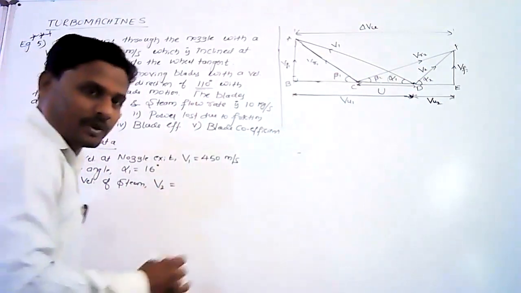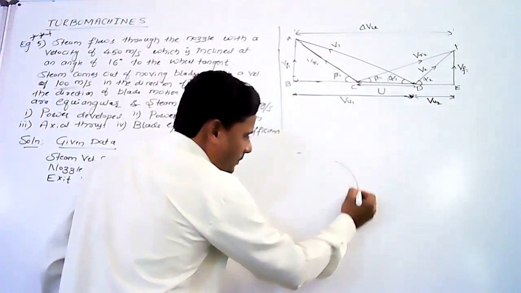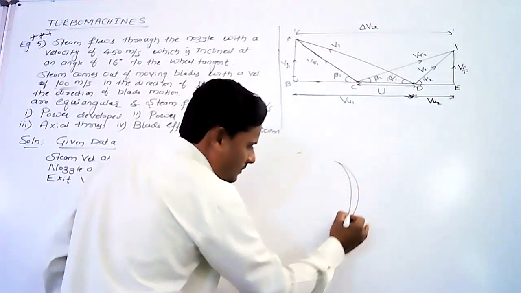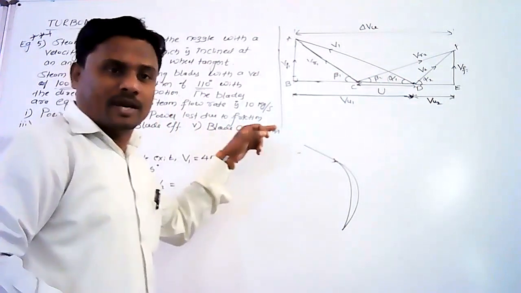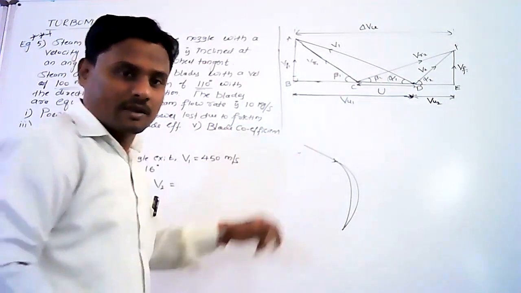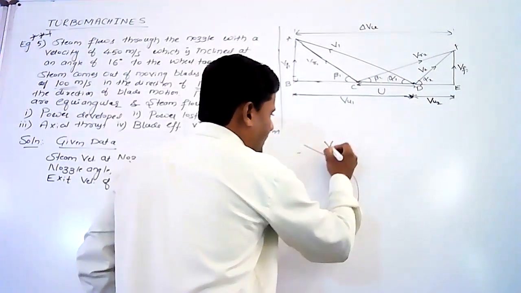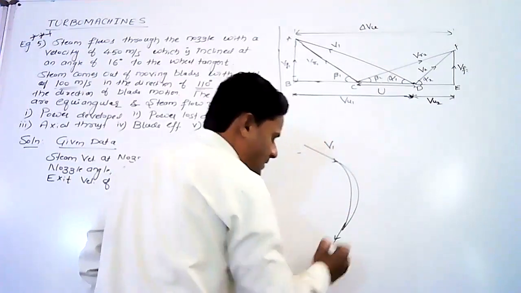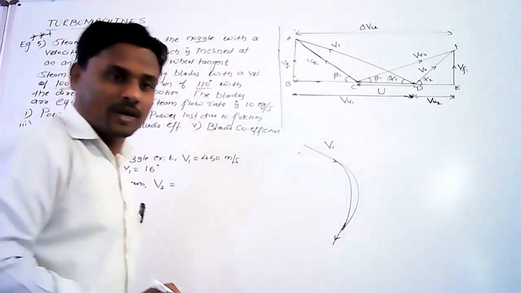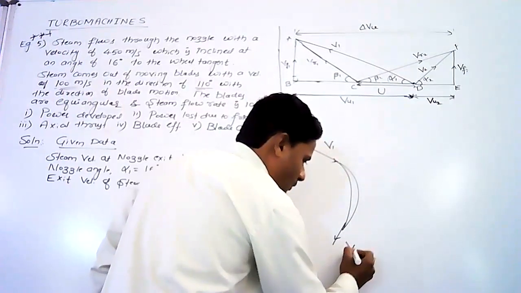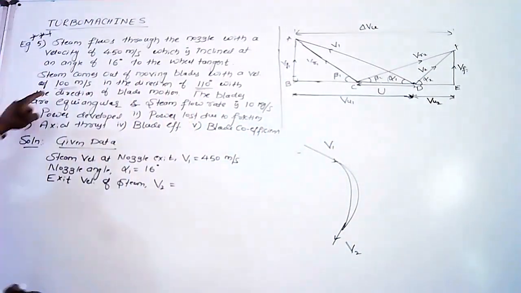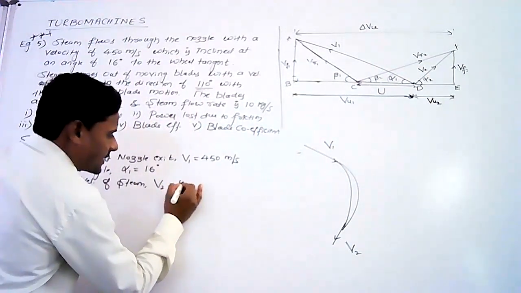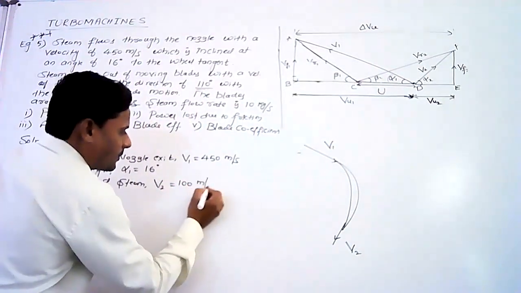As we have discussed in the previous classes also, this is a blade. The velocity at which steam hits the inlet tip of the blade is V1, and the velocity at which steam leaves the curved blade is V2. V2 is the exit velocity from the blade, which is given as 100 meter per second.